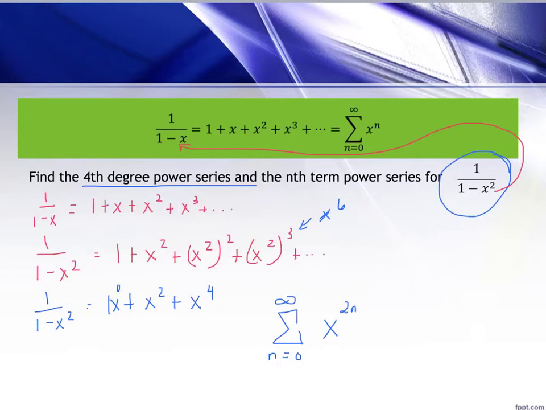And if I put in 0, I start with 0. When I let n be 1, I get x squared. Let n be 2, I'd get x to the 4th. So that would become my power series.